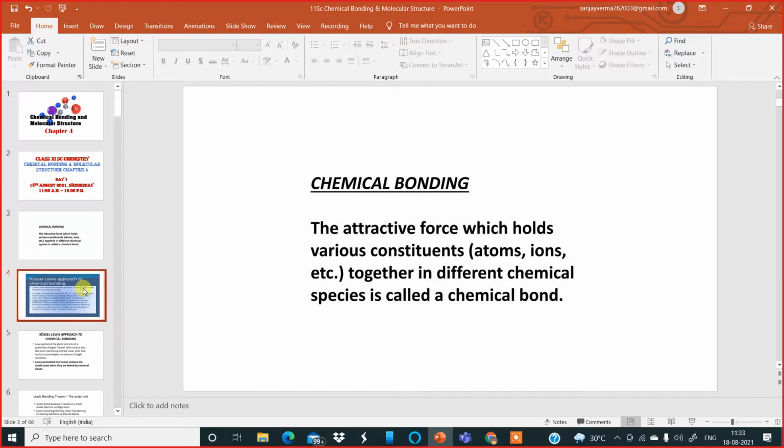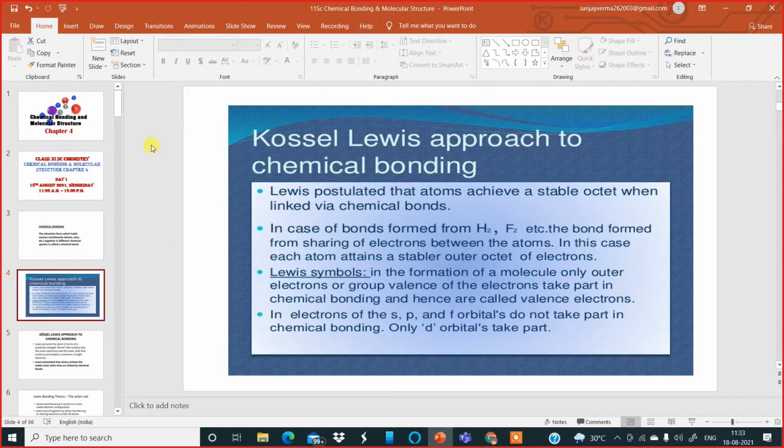Now moving further to the first and the most important approach to chemical bonding. There were two people, Kossel and Lewis, together who contributed to the study of this chapter systematically. Kossel Lewis approach to chemical bonding.